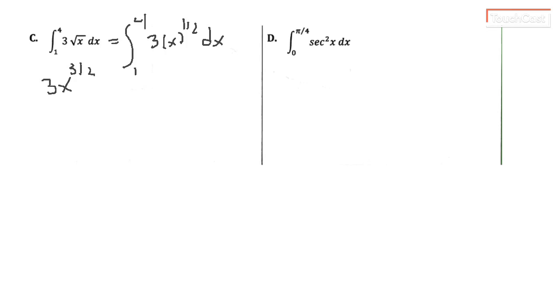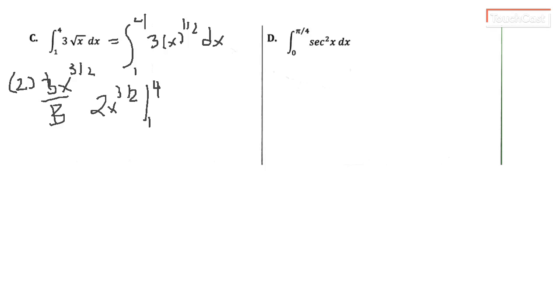And this time, instead of dividing by 3 over 2, I'm going to multiply by the reciprocal. So I'm going to divide by 2 over 3, which means I'm going to multiply by 2. When I do that, the 3's cancel out, and we're going to have 2x to the 3/2 from 1 to 4.